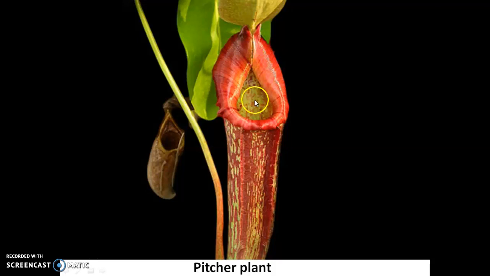It also has a saliva in it which attracts insects, and when insects come inside it, it just closes its lid and the insect gets trapped inside it, and due to the saliva gets digested very easily. And the other name of these insectivorous plants is carnivorous plants.